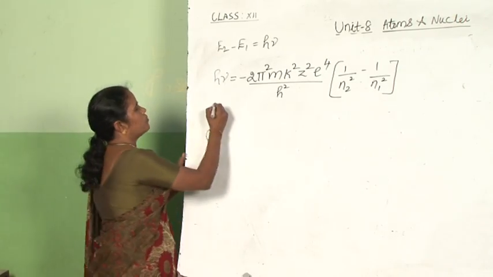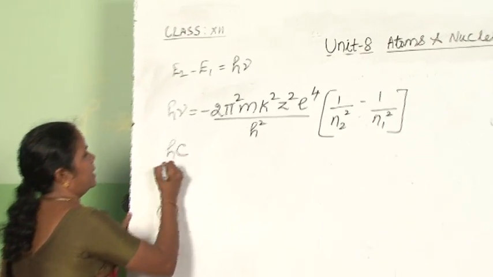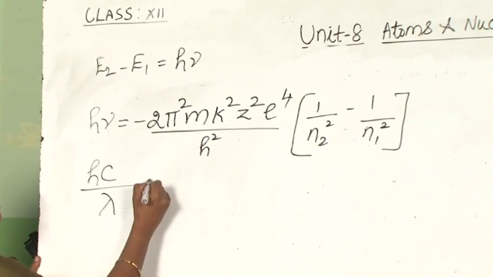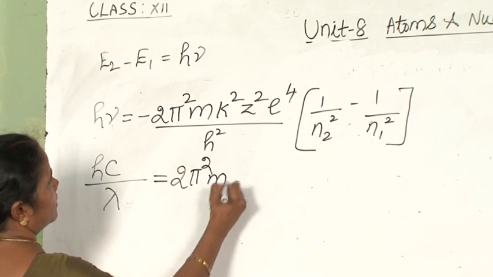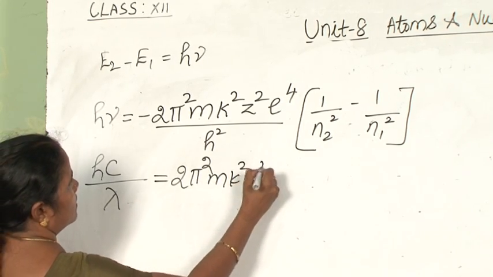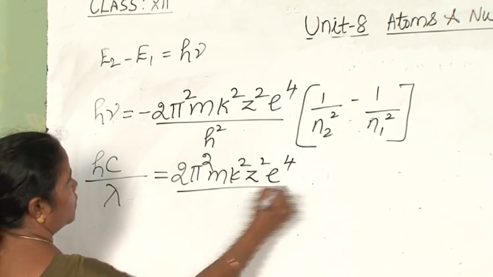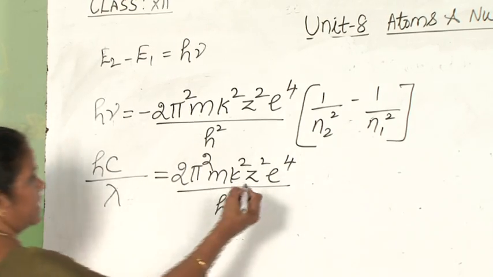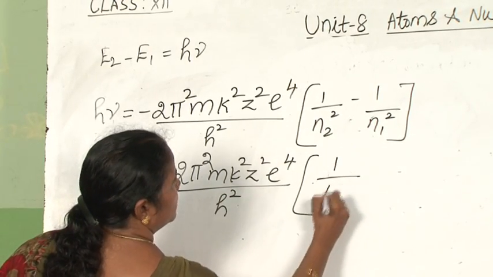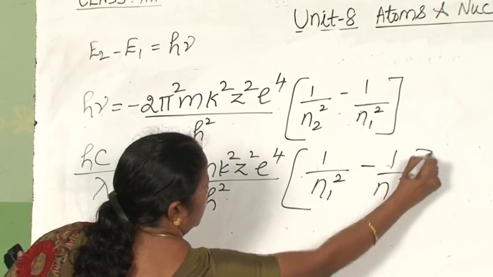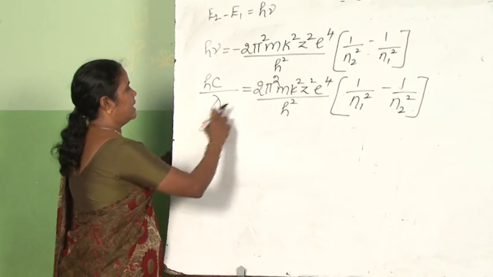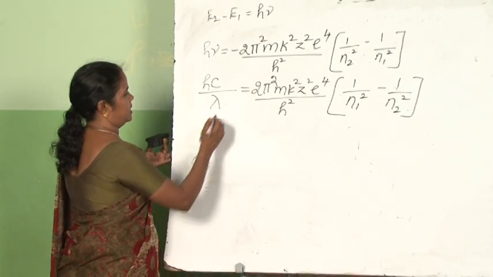The wavelength of the emitted photon: nu is c by lambda, so hc by lambda is 2 pi square m k square z square e raised to 4 by h square. This negative I am bringing inside, so this equation will become 1 by n1 square minus 1 by n2 square.